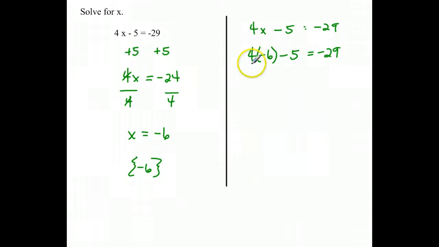I'm trying to simplify the expression on the left-hand side of the equation to see if it's equal to negative 29. 4 times negative 6 is negative 24. Minus 5 equals negative 29. Negative 29 equals negative 29, so my answer checks out.